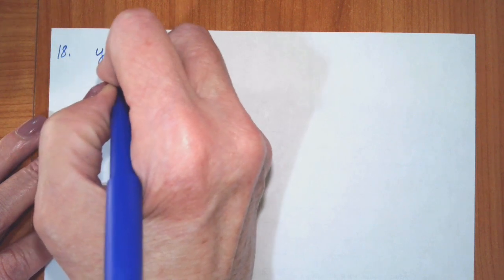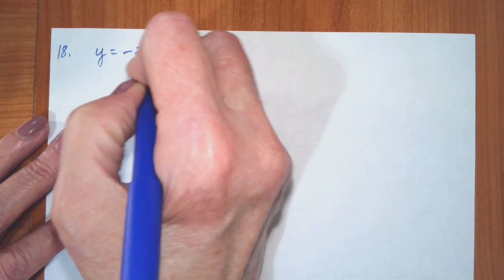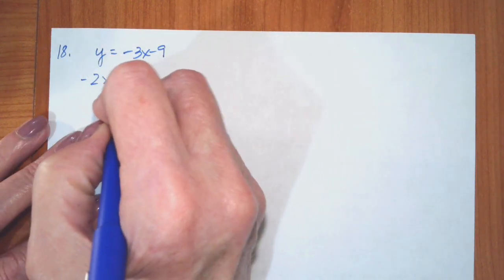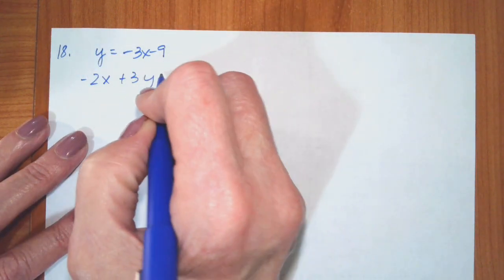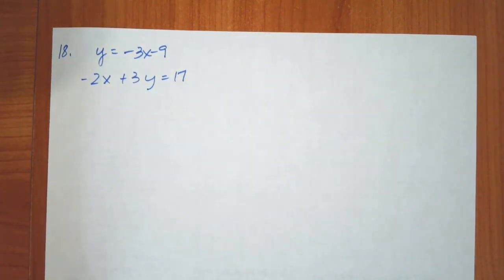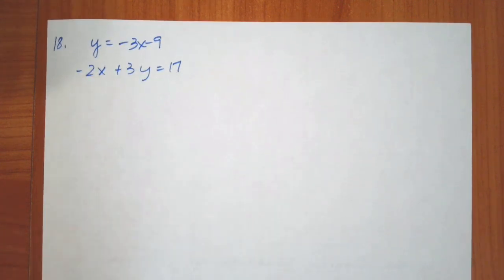So if I have y equals negative 3x minus 9 and negative 2x plus 3y is equal to 17. You can do all of them using elimination, you can do all of them using substitution, or you can do what I do, which is I let the problem dictate what I'm supposed to do.